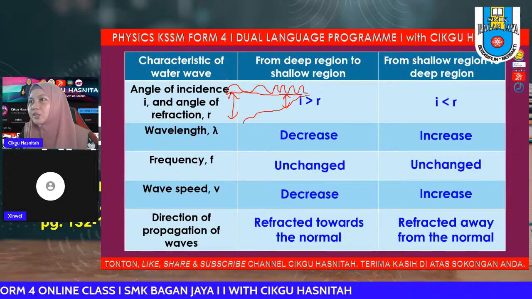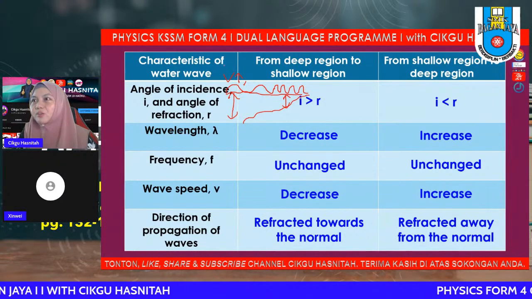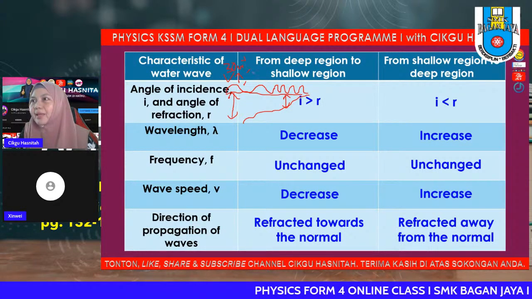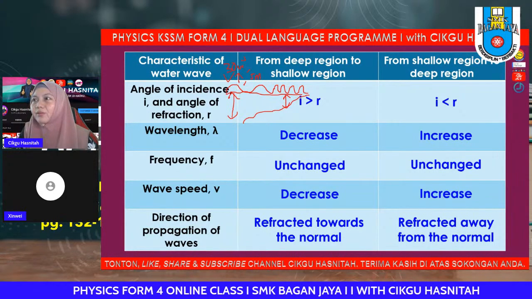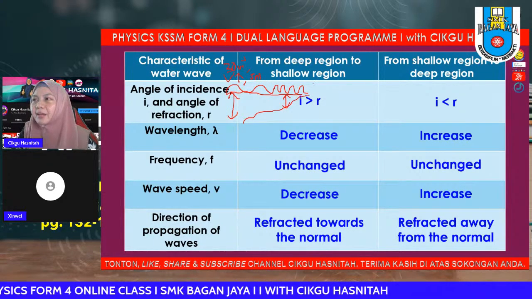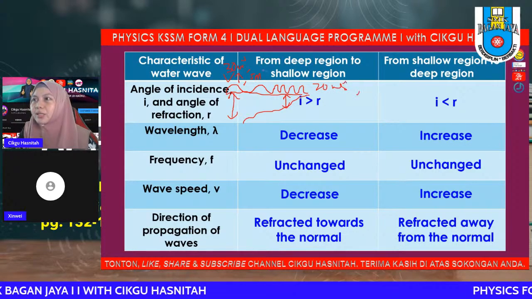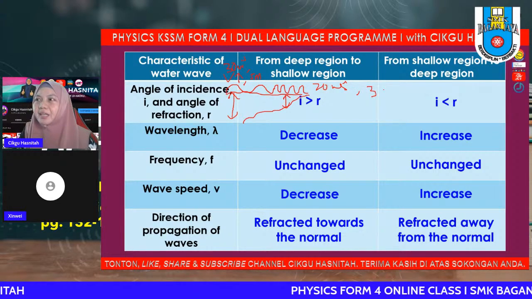Here speed is high. Let's say we give a value. Speed here is 30 meter per second, where the lambda is, let's say, 5 meter. Here the speed becomes 20 meter per second. So the lambda must be less than 5 meter. Let's say it is 3 meter.